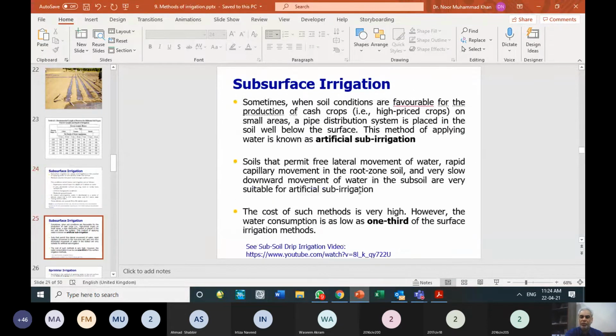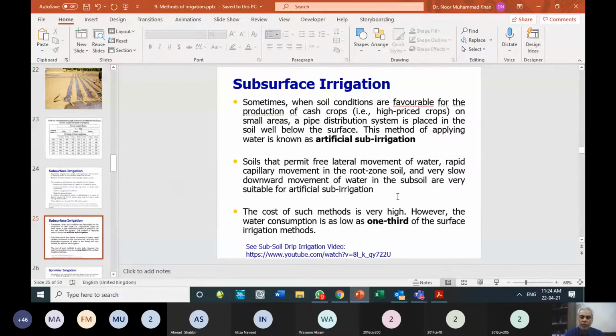And artificial subsurface irrigation requires laying the pipes underneath the ground, as they have shown, at 5 centimeter to 40 centimeter depth, and then having perforations in them that will provide water to the soil at the subsurface level, and that will provide water to the crops.